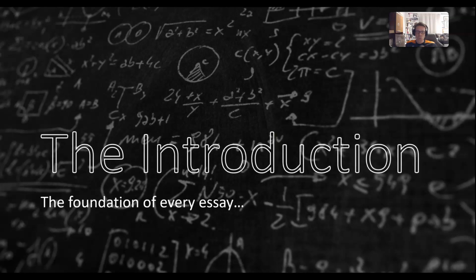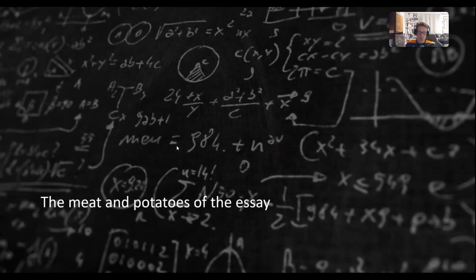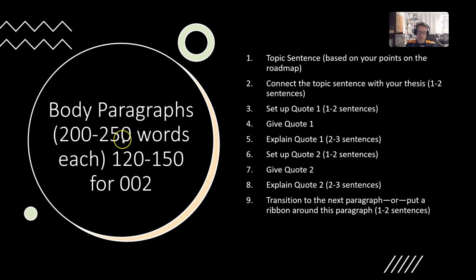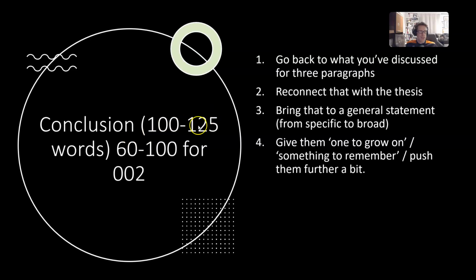So I'm not going to go beyond this, right? There's word counts. I'm going to show you a little bit of the word count right here. Your introduction is going to be 125-ish words for most of you. And then what's your body paragraph? It's about 250. Conclusion, going to be 125 again.